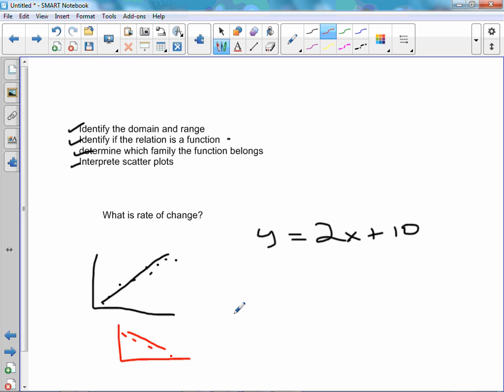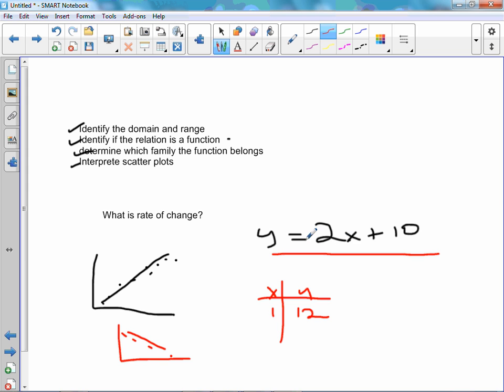One of the things I want to bring out to you is you'll have a word problem on the test, and the equation is going to be given, as in most of the word problems. It may ask you to create a table or to finish a table. So if you had a table with x and y, let's say the x is 1, then that would be 2 times 1 is 2 plus 10 is 12, and so on and so forth.